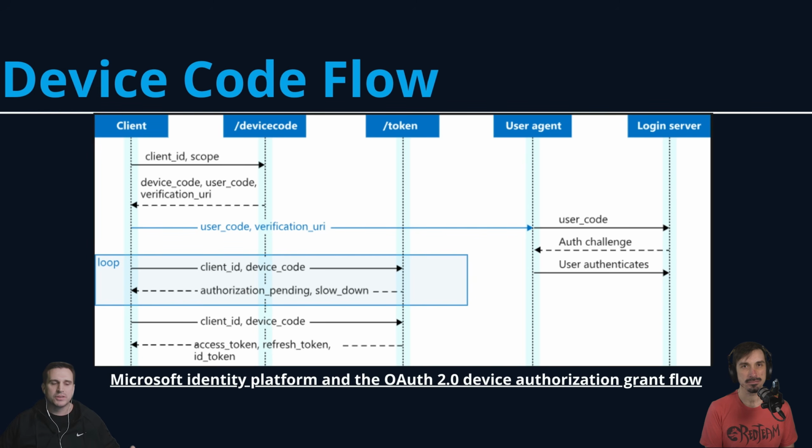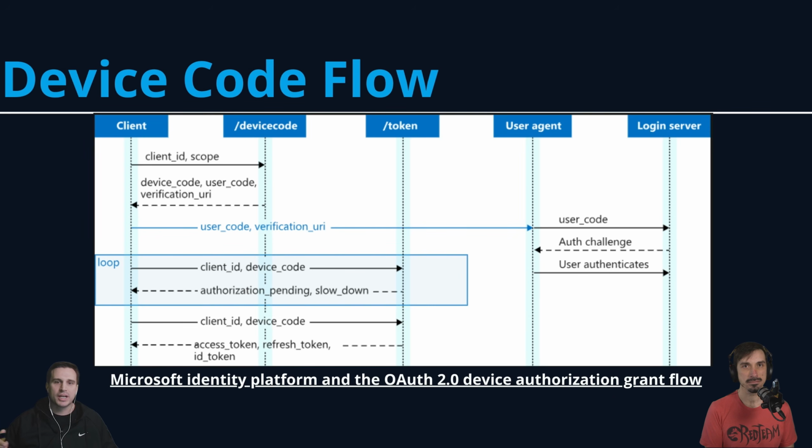Exactly. So what we're going to do is visit that device login page. We're going to enter our user code, and then we'll complete the authentication process there. Meanwhile, back on the original device, we have the Azure CLI continually reaching out to the token endpoint and checking to see if the authentication has completed over on the other end.